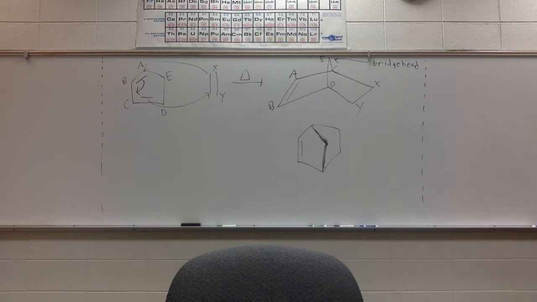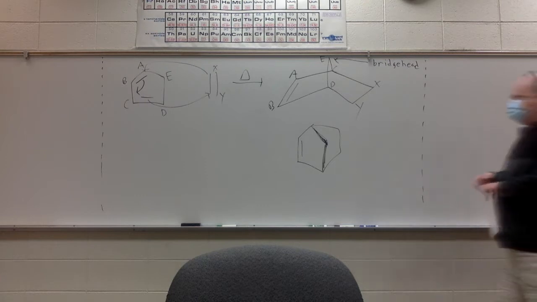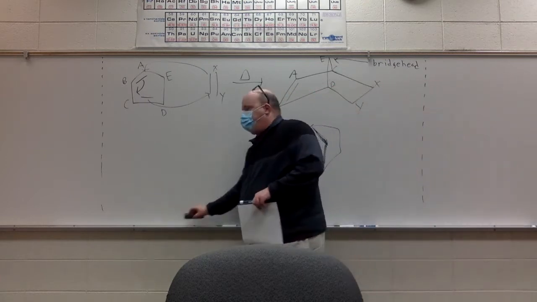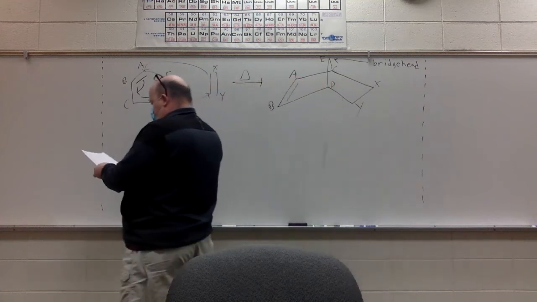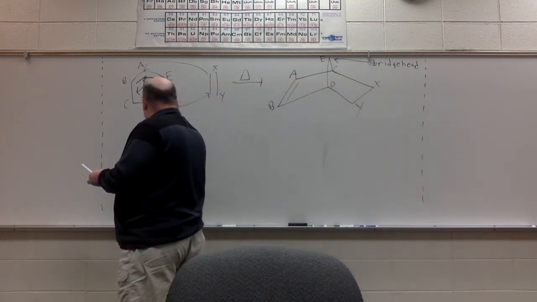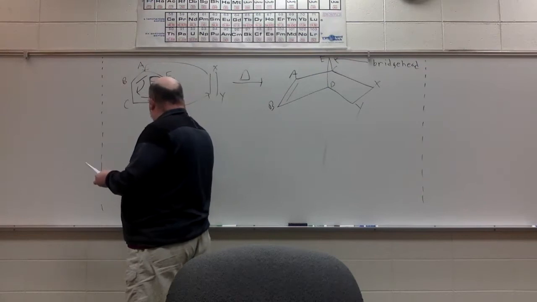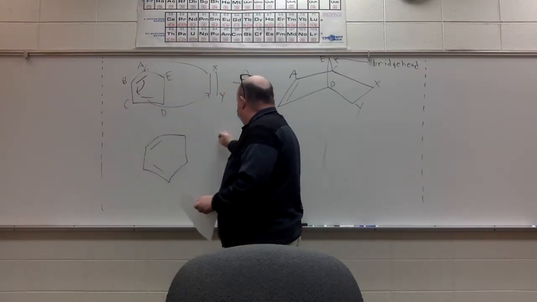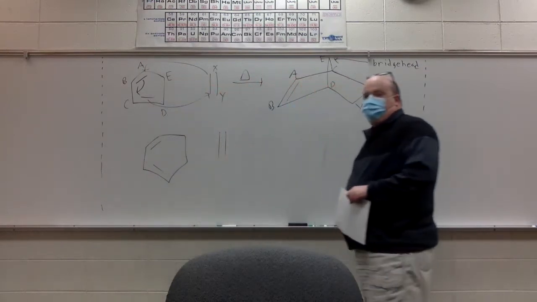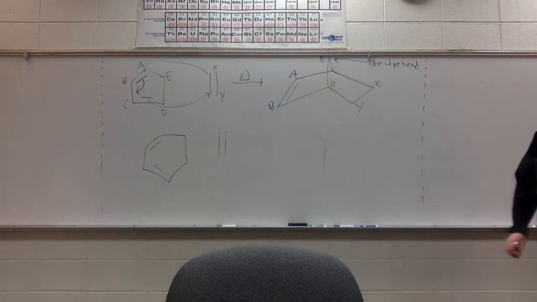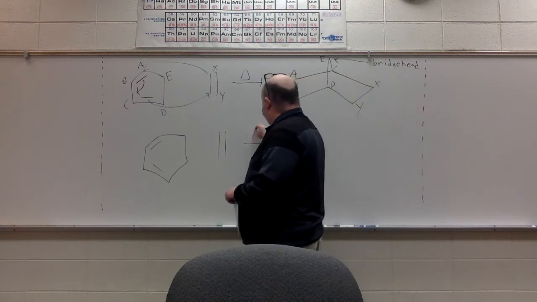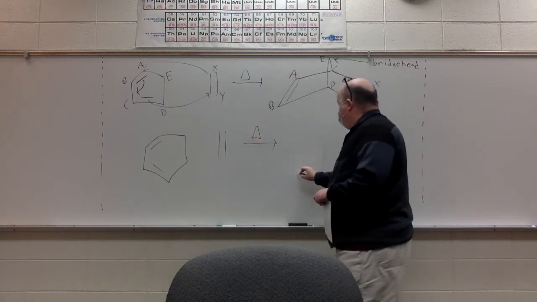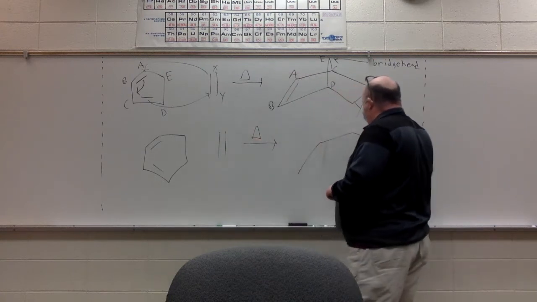Okay? Now, you can do this with other size rings too. You can do this with a six-membered ring at the beginning, right? Six-carbon conjugated diene. And really, you see, not much here is changing, right?